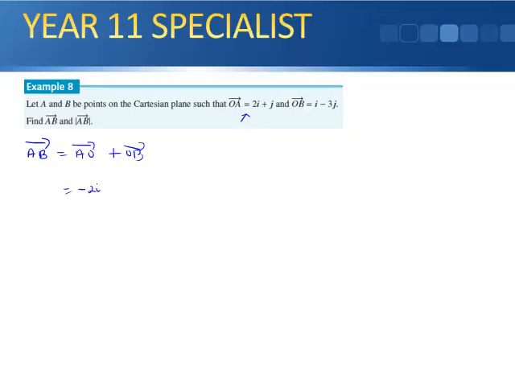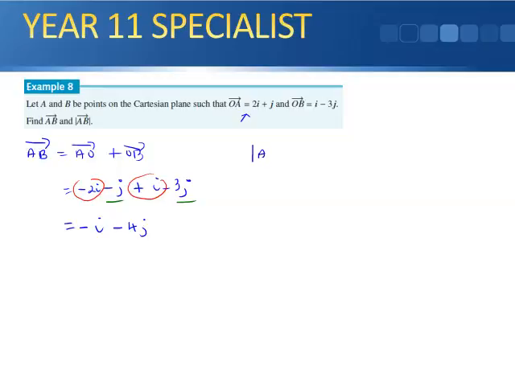So we have minus 2i minus j, and O to B we've got, so plus i minus 3j, and again we collect like terms. So minus 2i plus the i gives me minus i, and minus j and minus 3j gives me minus 4j. Now I can take out a negative if I want, I don't need to.